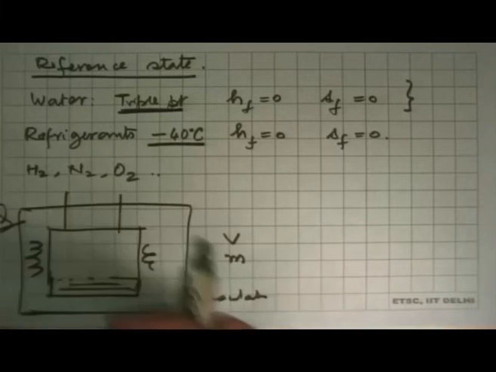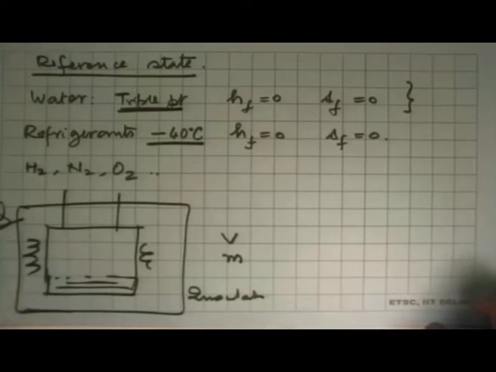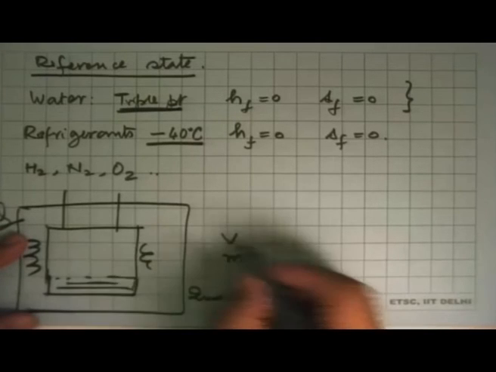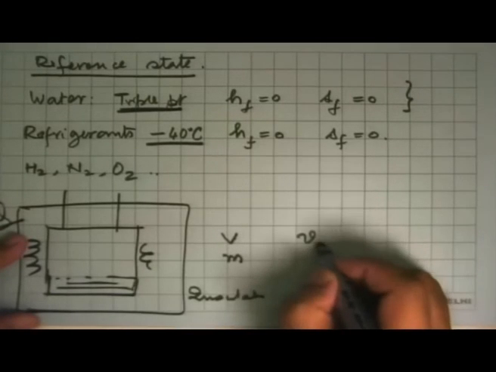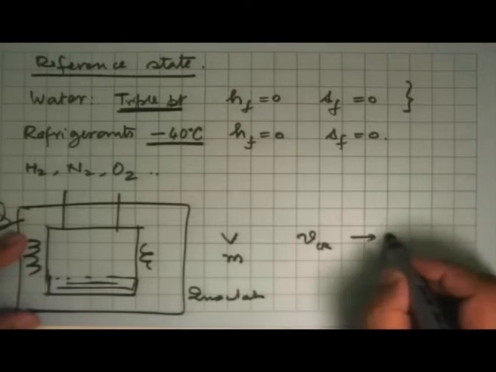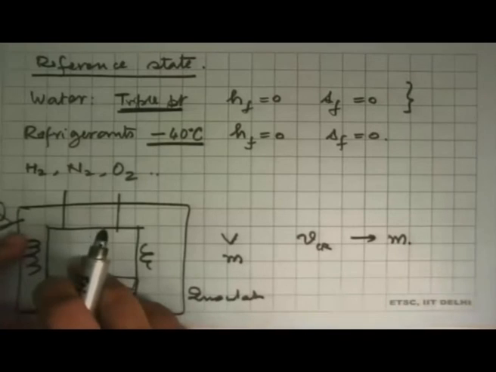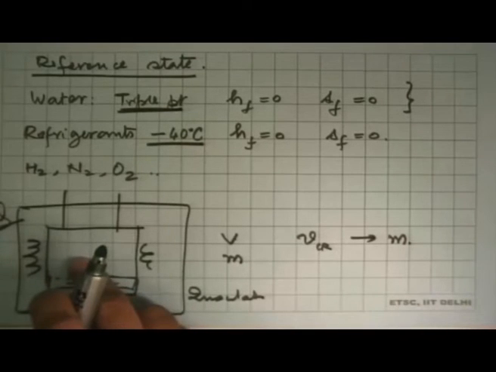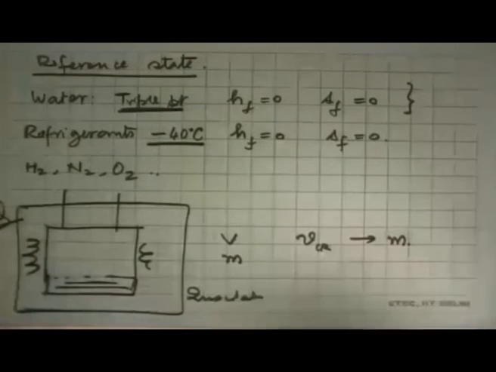So now if we want to create a critical state, what we now know is that if the volume is known, we know what is the specific volume at the critical state, and these two will tell us what is the mass that I should put in this to generate a critical state. Okay, so it's easier said than done.